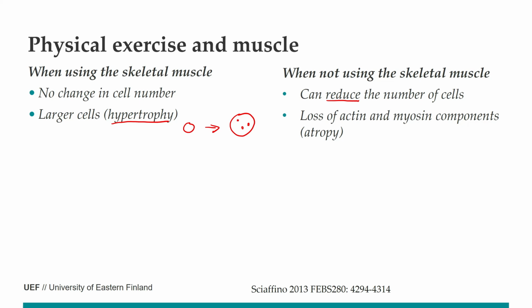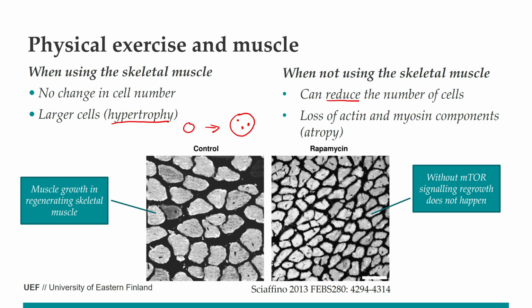This hypertrophy can be seen quite well in microscope slides when you have some small injuries in the skeletal muscle, and then there is regeneration. You can see that the cells on the left hand side are much larger than those on the right hand side.